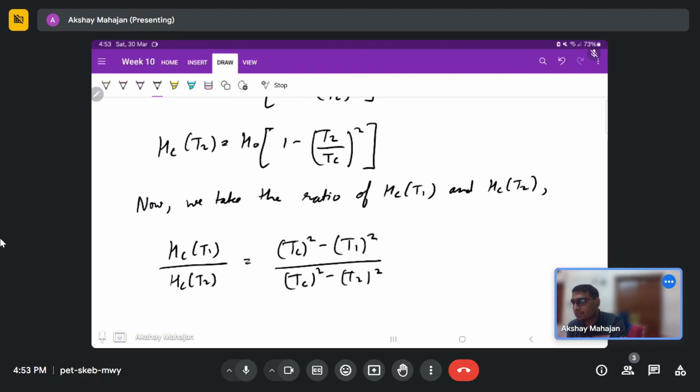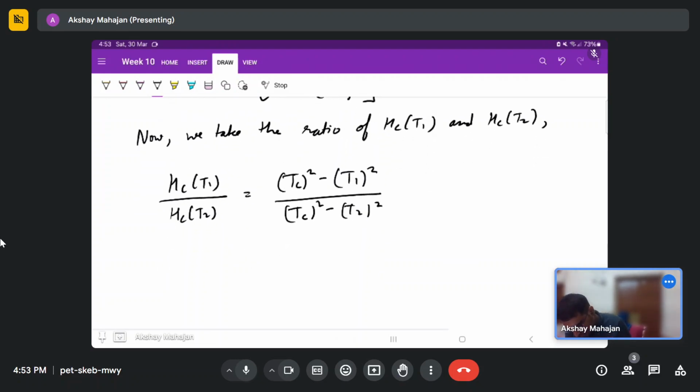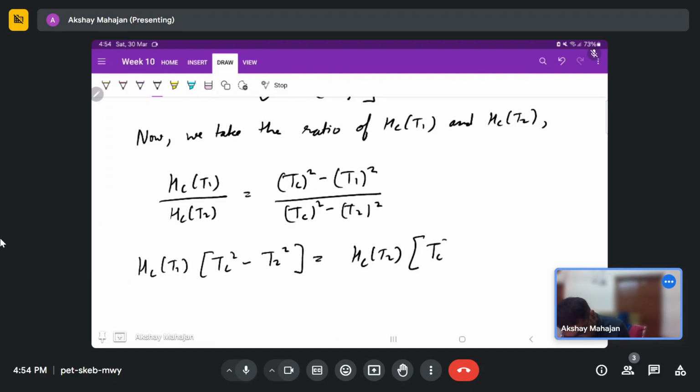So from here, this is just simple algebra actually. Tc square minus T2 square, that will be Tc square, Hc(T2) times (Tc square minus T1 square).